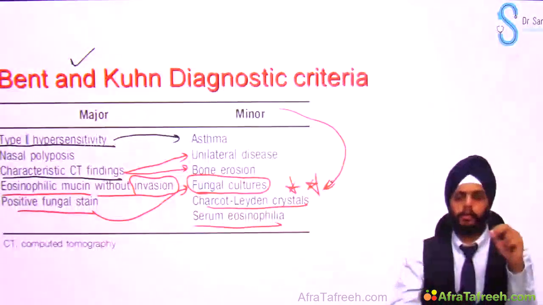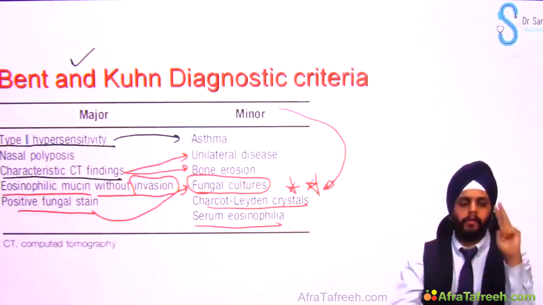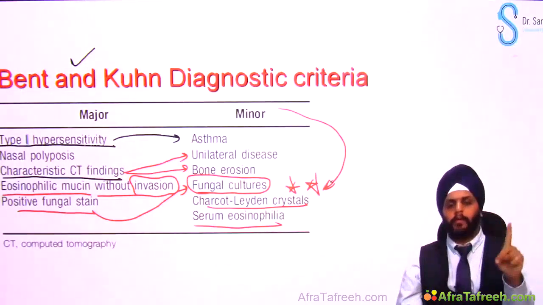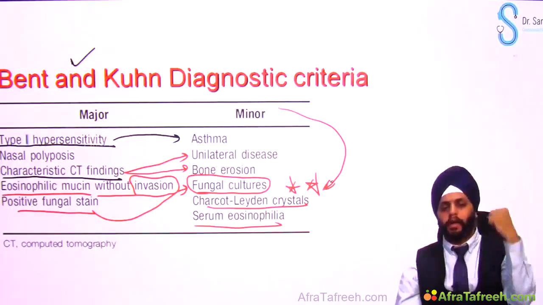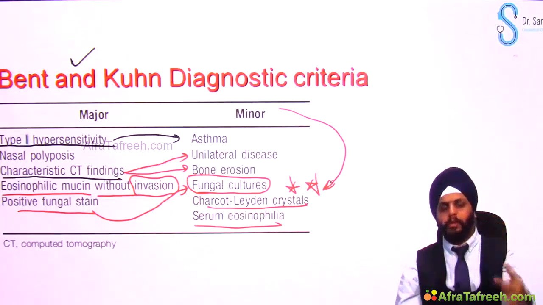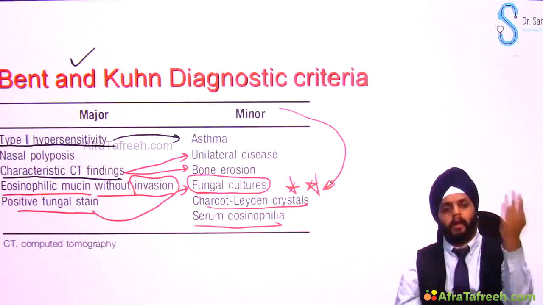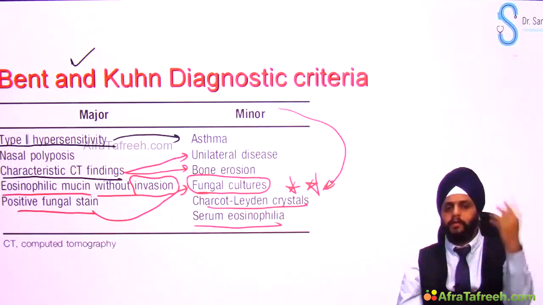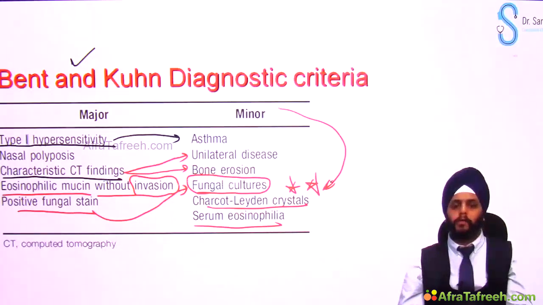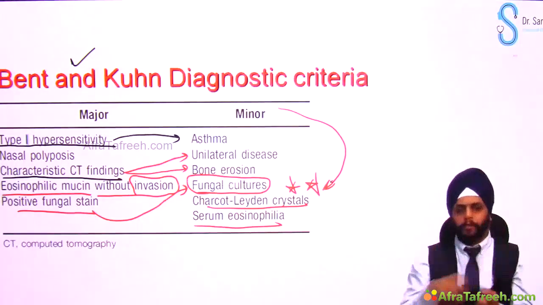Okay. So treatment. Patient has two problems. What are the two problems? Number one, patient has fungus in the nose. Number two, patient has allergy to the fungus. So what do you need to do? Number one, treat the fungus, remove the fungus.